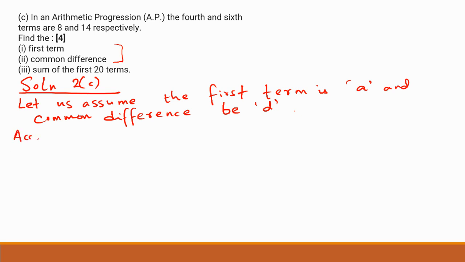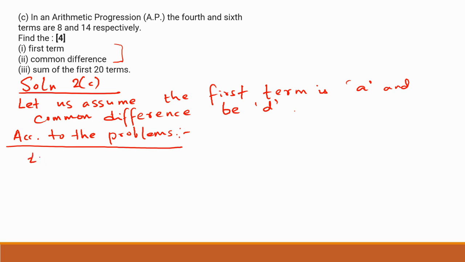So you can write according to the problem. You can just frame the constraints that they gave, whatever equations you can form out of it. The fourth and sixth terms are 8 and 14. So the fourth term should be 8.